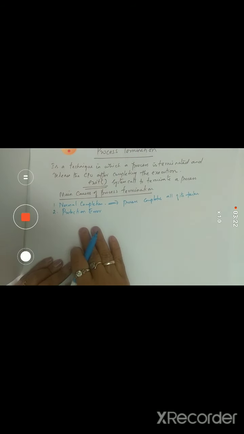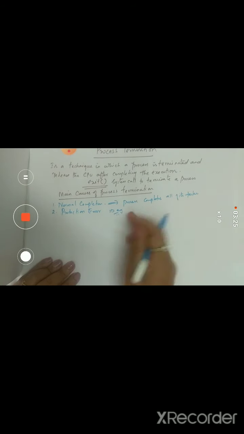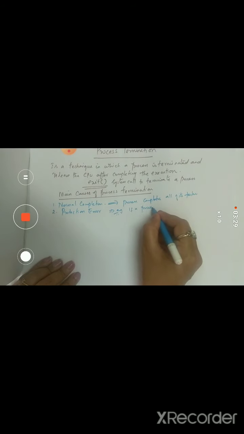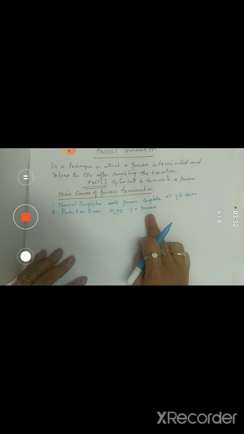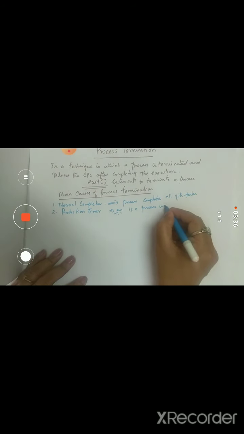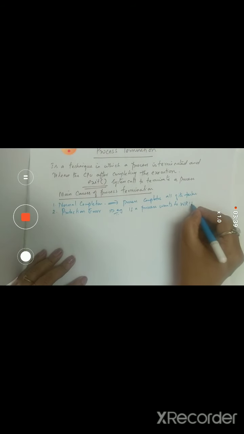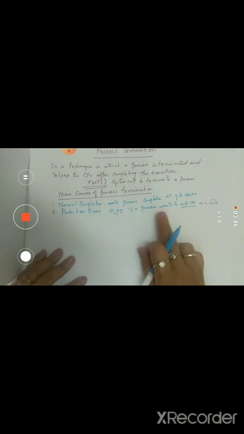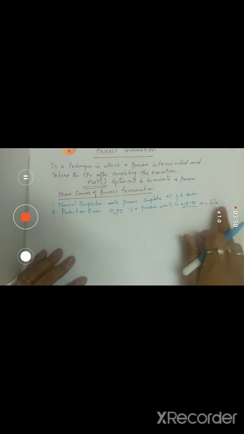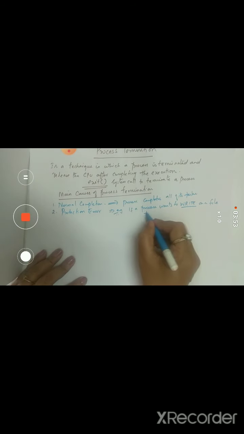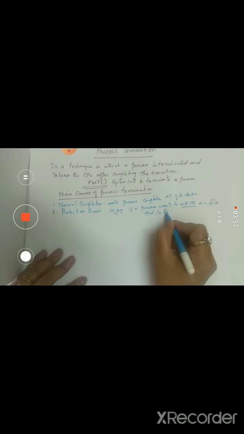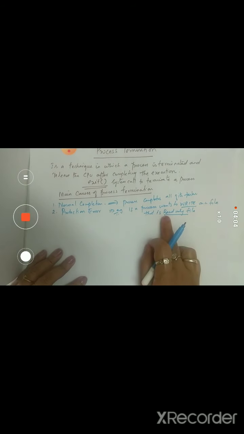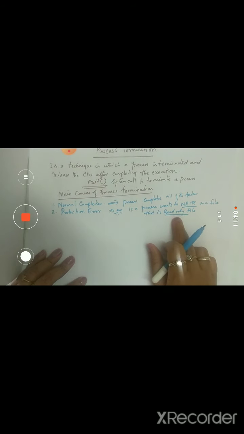For example, a process, either a parent process or a child process, wants to write on a particular file, but the file is in read-only mode. In read-only mode the process can view the file but cannot write.